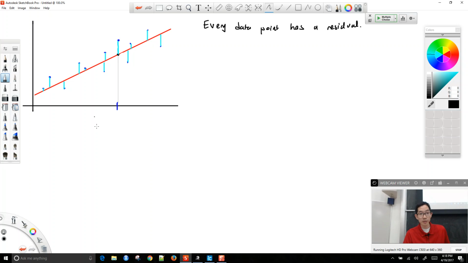Okay, now some of the residuals are very small because the dot is very close to where we predicted it to be. So this is a very small residual right here at that location. And then other dots are larger. This is a larger residual. Okay, so some residuals are large and others are small.